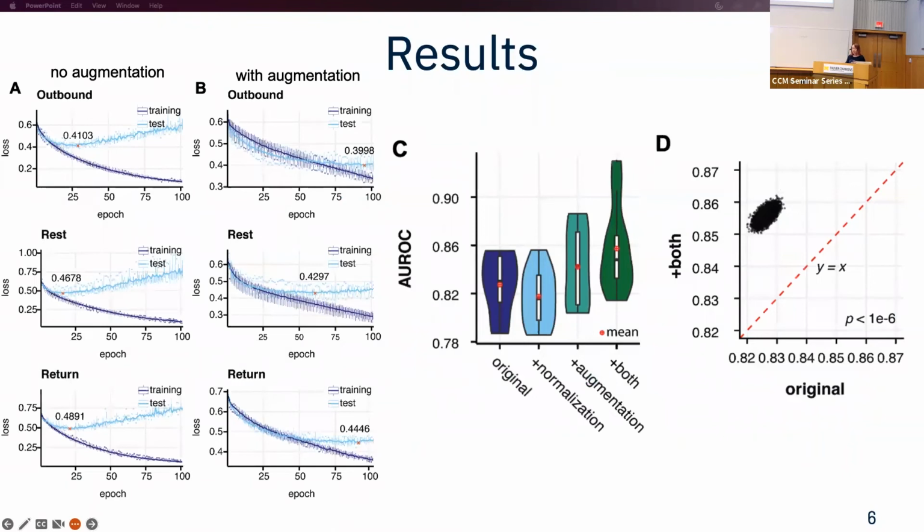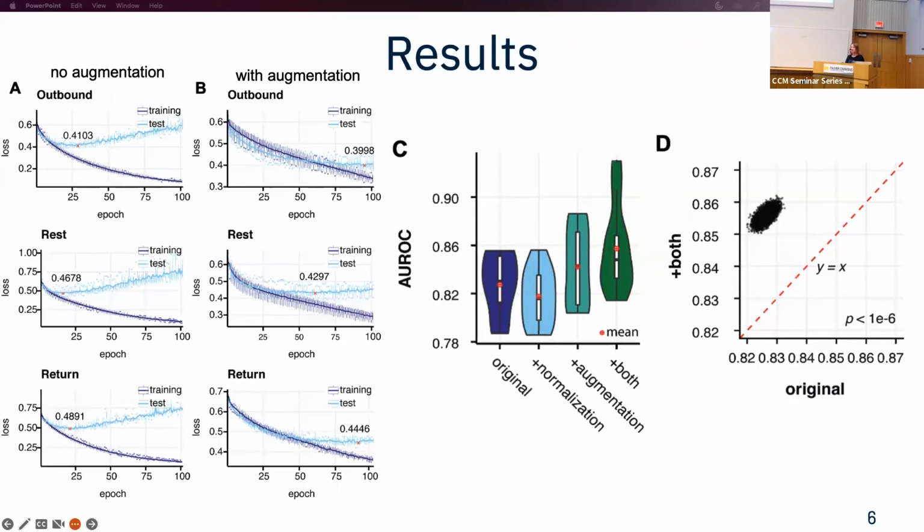So these are our results using both normalization and augmentation compared to without using them. The learning curve on the left side shows that after using the augmentation method, it delays the convergence of the learning curve, and the learning curve also reaches a lower validation loss compared to not using it.